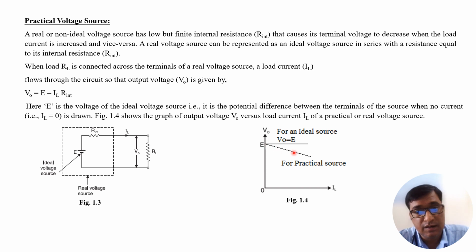But for a practical one, where a resistance is connected in series with a voltage source, there is a drop of IL into RINT for each value of the load current. As the load current increases, the drop will increase, and the terminal voltage will keep on reducing. So that is a drop due to the internal resistance of the voltage source.